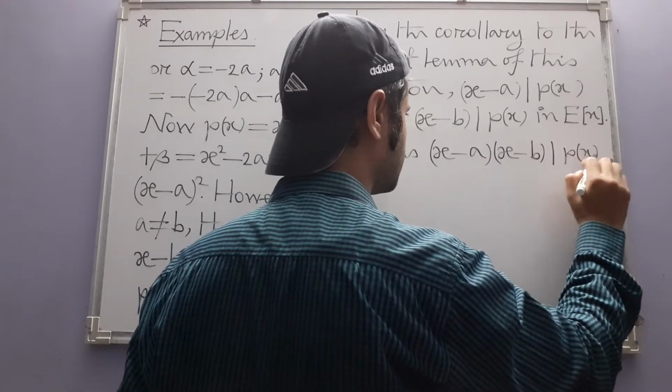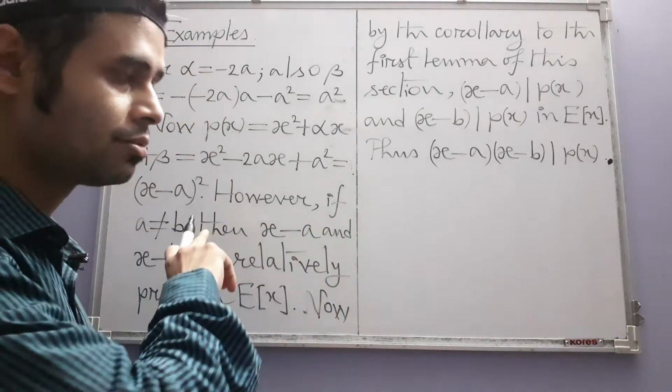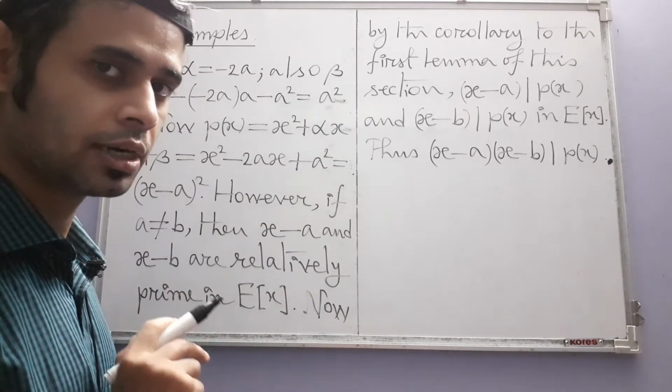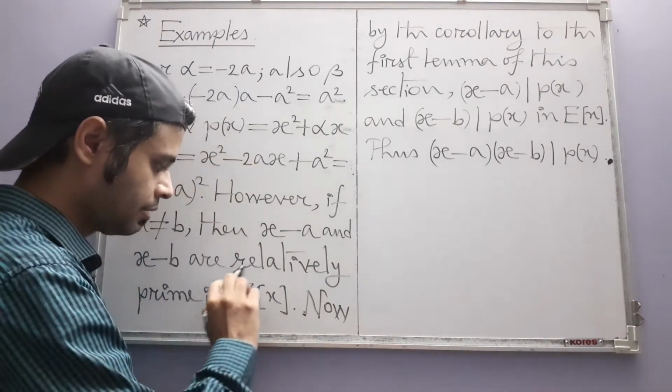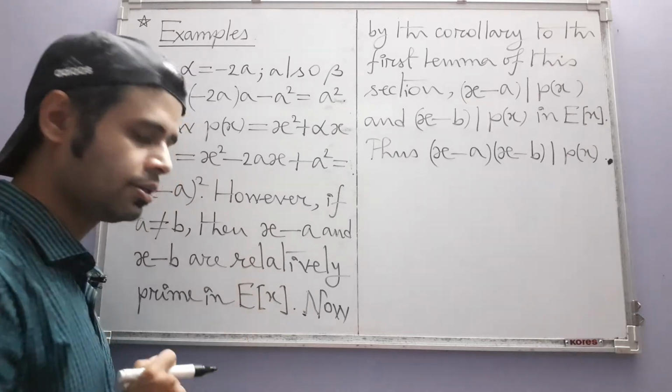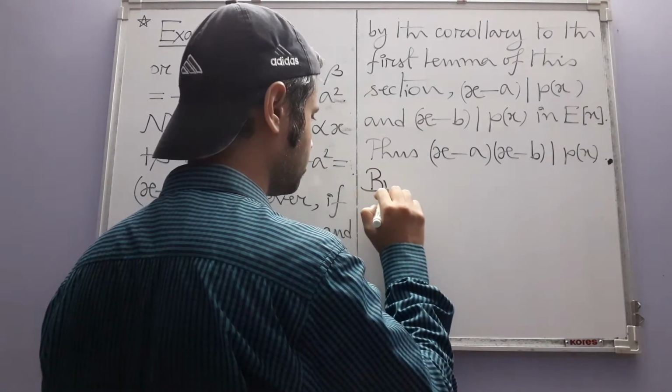And all these things we are doing based on what we already did in the theory of Euclidean rings, and using the fact that this polynomial ring is a Euclidean ring, we can do these things.